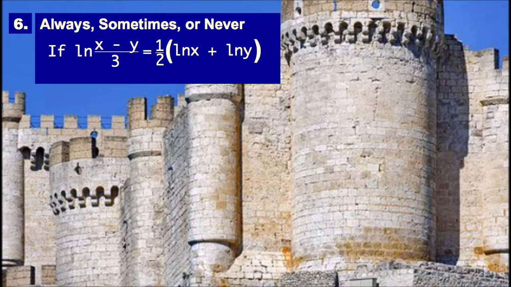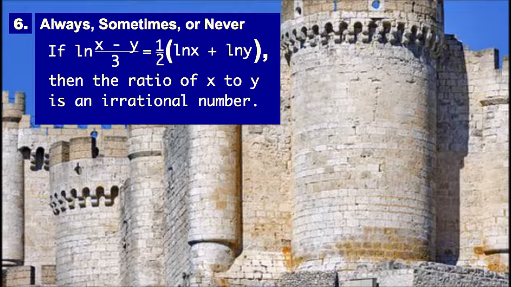Question 6. Always, sometimes, or never. If natural log of x minus y over 3 equals 1/2 times the quantity natural log of x plus natural log of y, then the ratio of x to y is an irrational number.